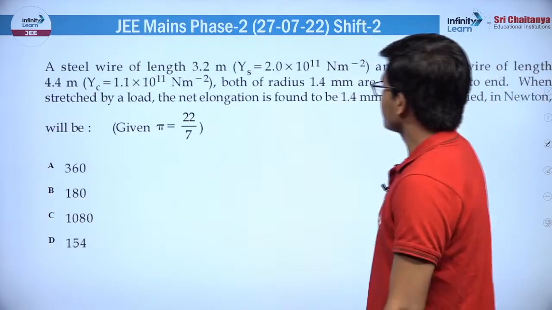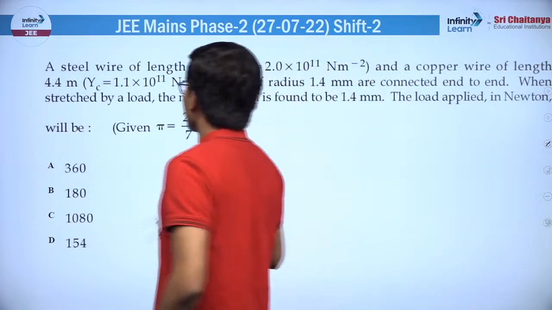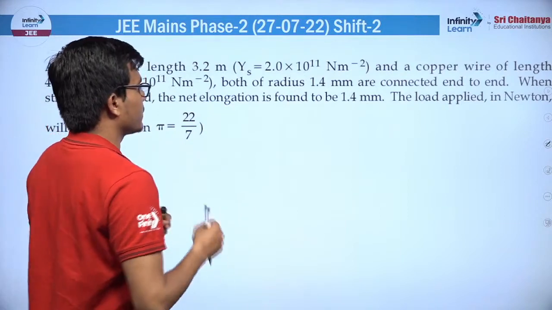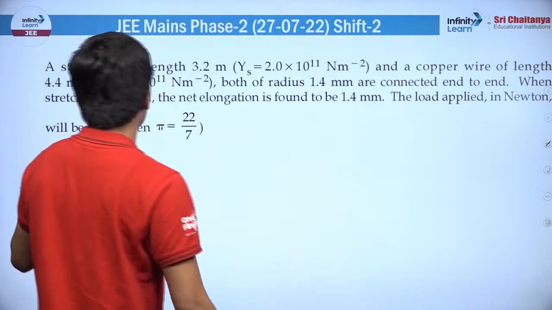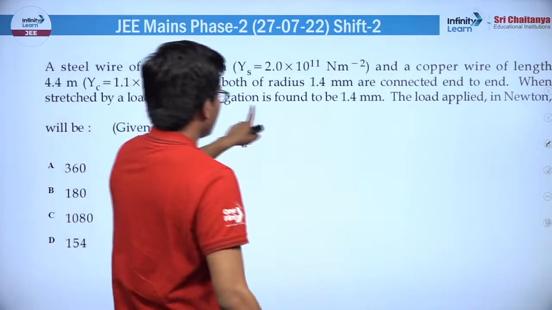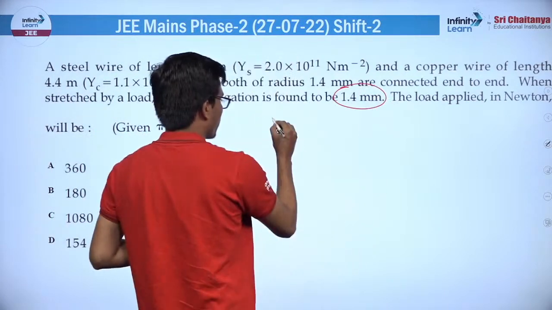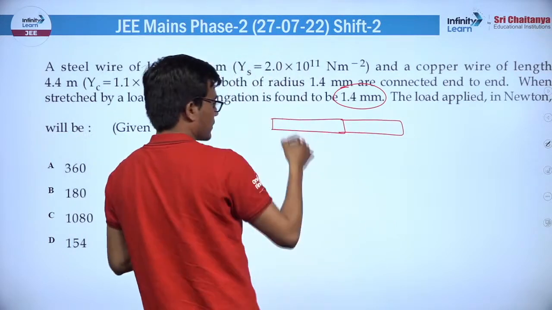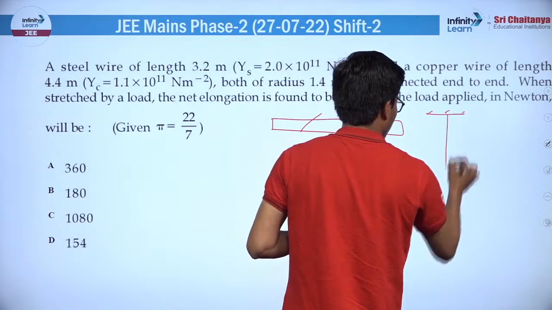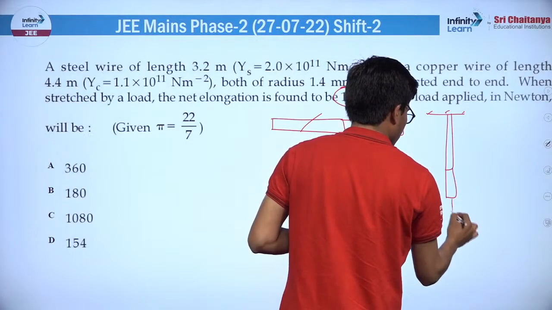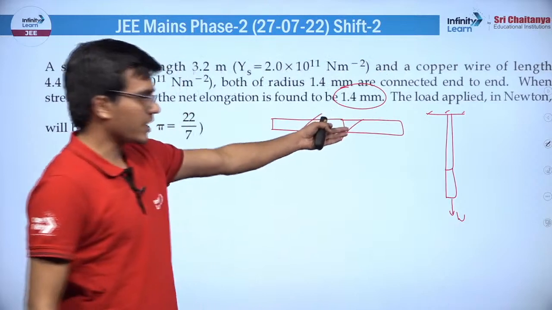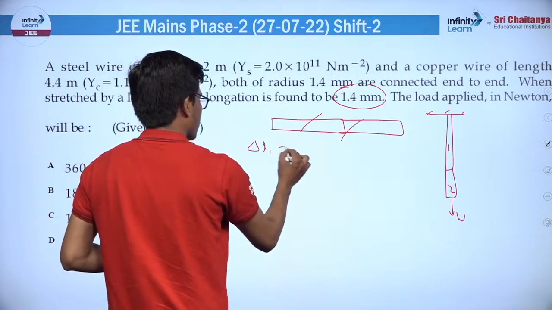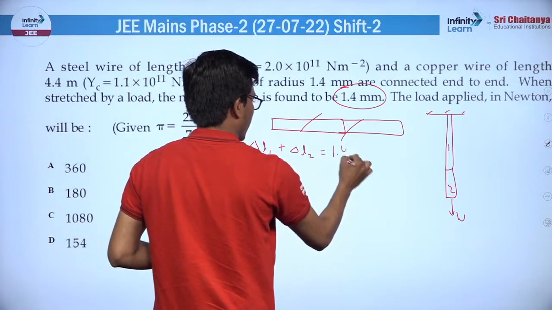Yeah, another question from elasticity. You have a steel wire and a copper wire, both connected to each other like this, and you are applying an end-to-end force, and there is a net elongation of 1.4 mm. You can hang them also like this, and there is a load of, let's say, W. There will be extension in the first wire, in the second wire also, and the total extension is given as 1.4 mm.